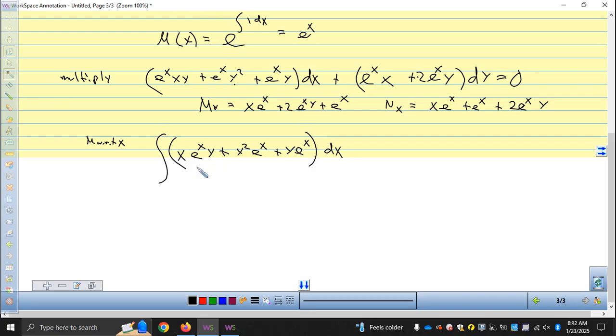Here we have an integration by parts. We get that y is a constant, so y times x e to the x minus e to the x, that's the integral of x e to the x, plus y squared e to the x plus y e to the x plus possibly some function of y.